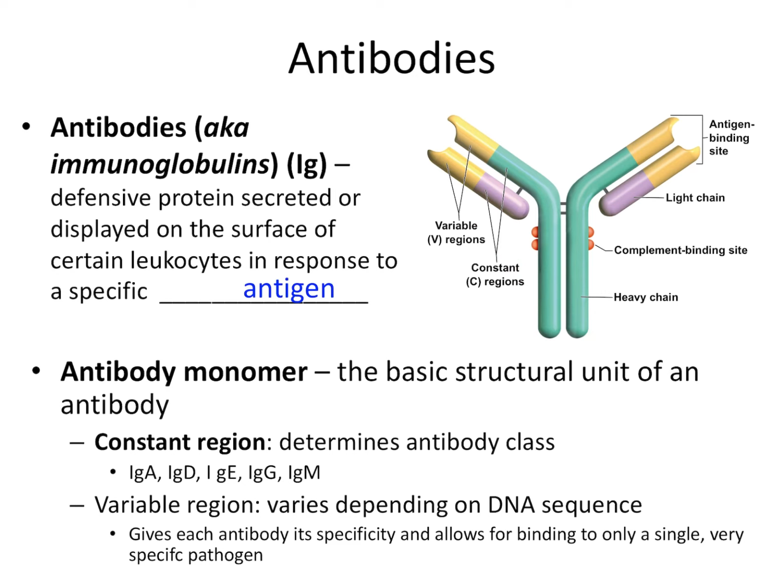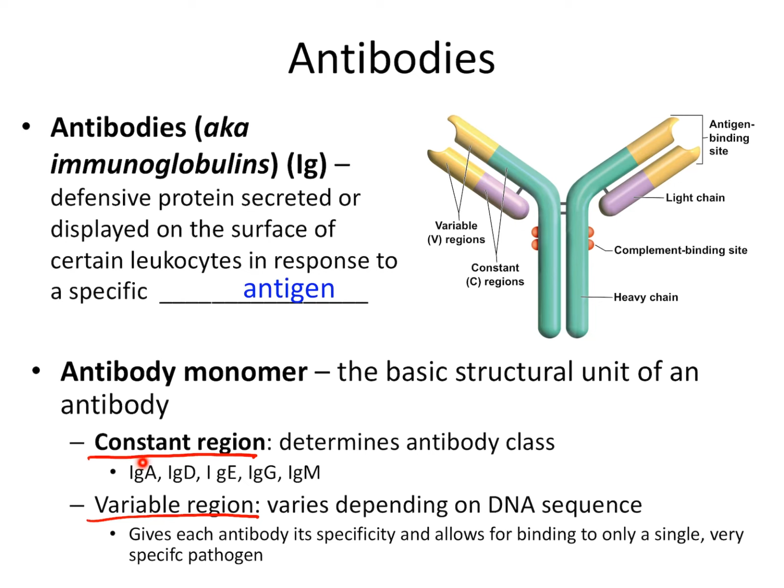Each antibody monomer is going to have a similar structure to other antibodies, but they're each going to have a unique region called the antigen binding site that's going to give them their specificity for a particular antigen. So on each antibody monomer, you're going to have a constant region and a variable region. Now, the constant region is ultimately going to be the same for all antibodies in a specific class.